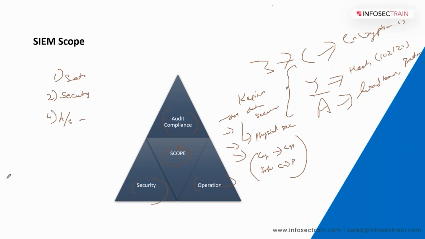I want that information so we can collect the logs out of those applications, software and hardware. Once we have a complete understanding of this architecture and these three things, then we can derive the scope as per the requirement and the criticality of the organization's assets or systems.